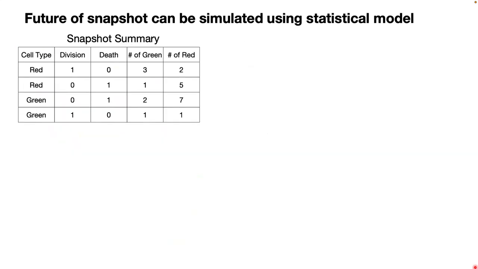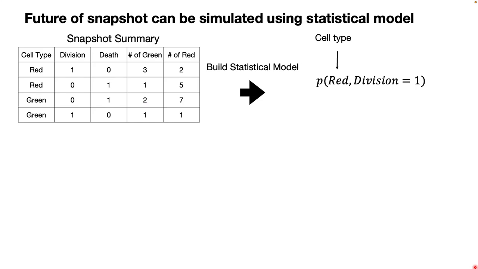And then from this snapshot summary, they build some statistical model. It is very simple, and you can see this probability. The first one is the cell type, and the second one is their state. So this probability means this red cell in the state of division is ongoing. They want to write this as a function of their environment.